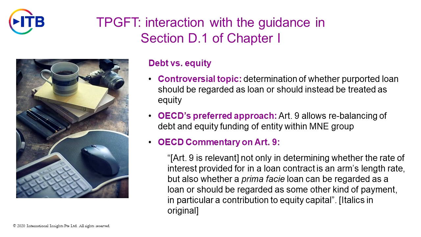The report commences by addressing a controversial topic: determination of whether a purported loan should be regarded as a loan or should instead be treated as equity. The OECD's preferred approach is that Article 9 of the OECD Model Treaty allows such a rebalancing of debt and equity funding of an entity within an MNE group, and points to the commentary on Article 9 as support.